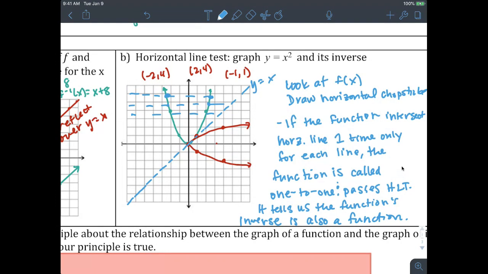So when I look at my red function, my inverse here, is it a function? No, it is not a function. In order to make it a function, we would only graph one part of the line, just the positive part. Okay, but I am not concerned right now about it being a function.